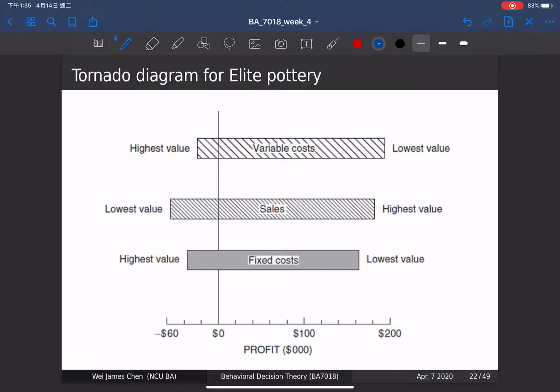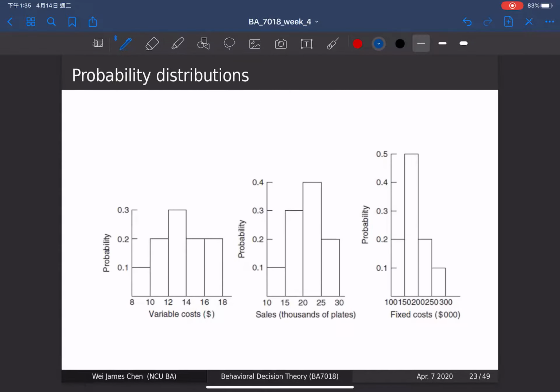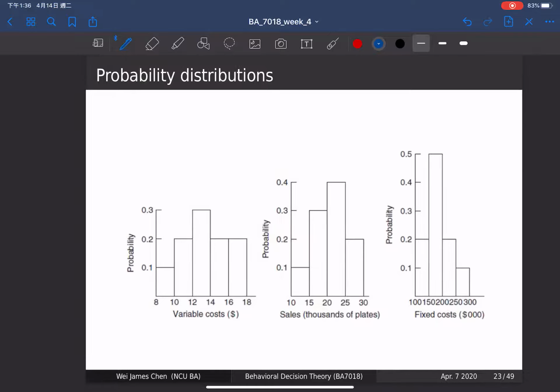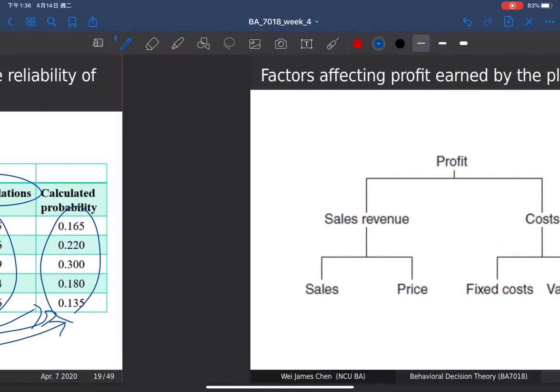The sales, fixed cost, and variable cost each have some range. And suppose you don't have the exact probability, but you have a probability distribution. In this case, it gives a discrete probability distribution. Remember, I think I talked about this last time.